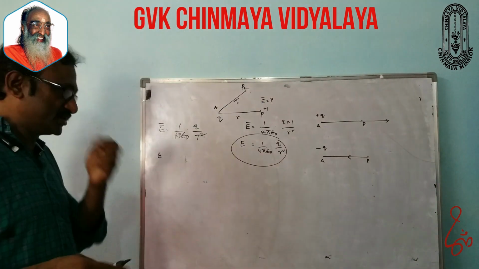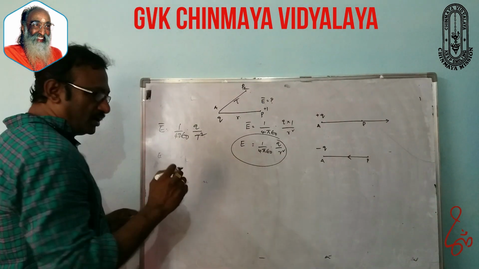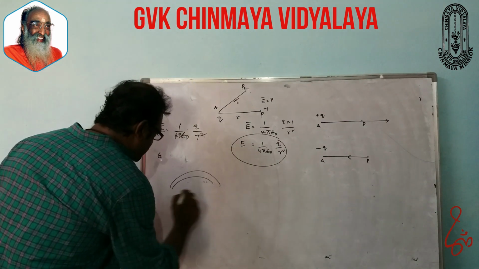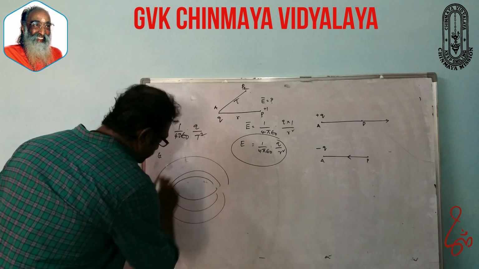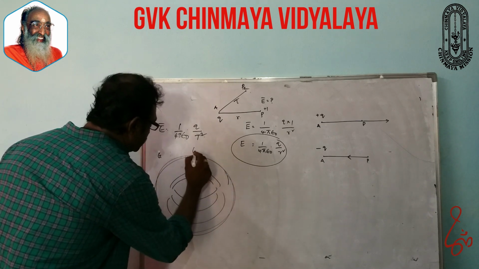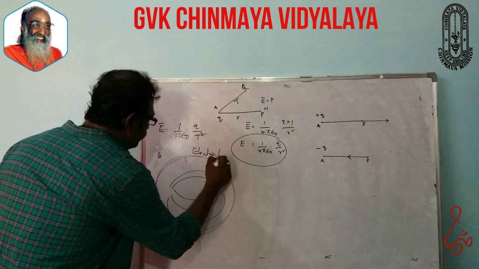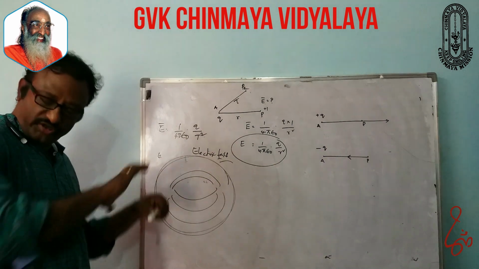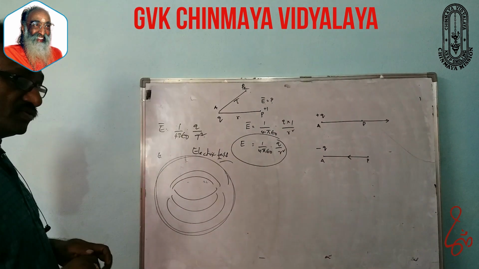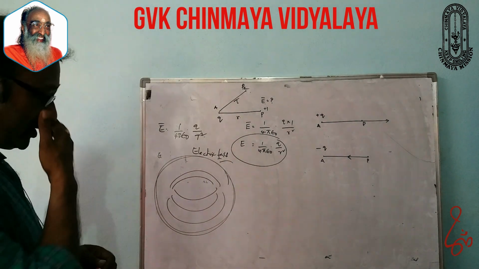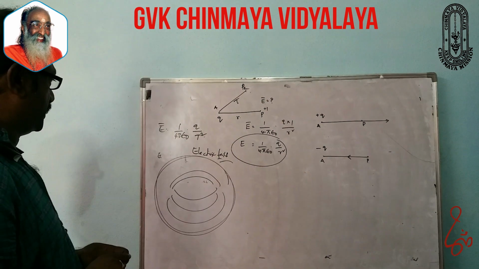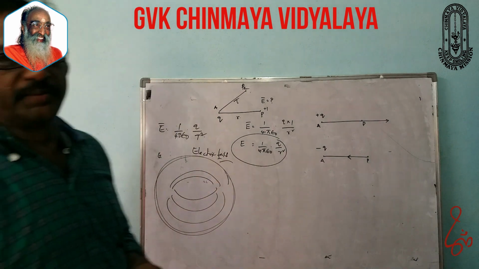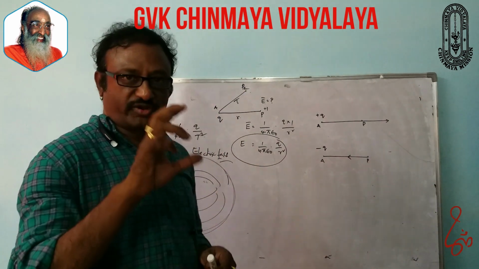That means up to what extent the lines of force are extending, that particular region we call the electric field. So we define electric field in terms of lines of force. Now, what are these electric lines of force? This concept of lines of force was introduced by Michael Faraday.